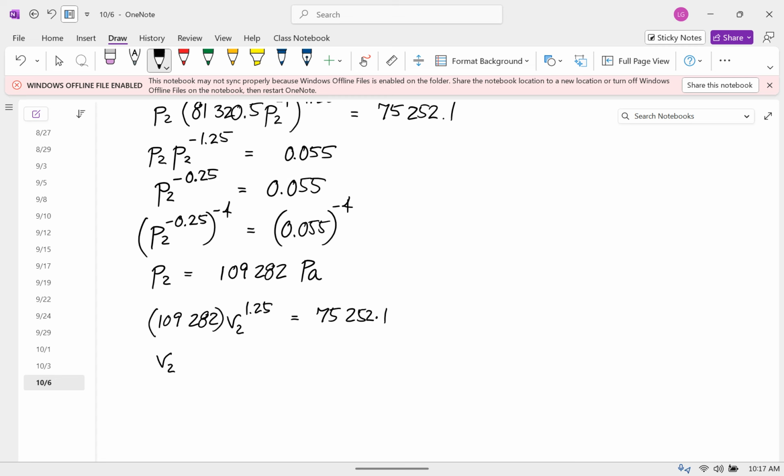And so V2 to the 1.25 is equal to 0.689.